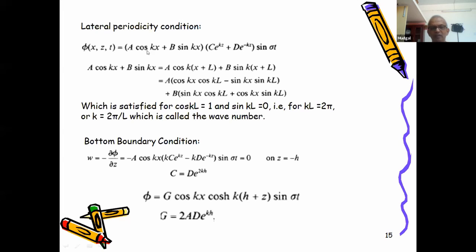So you have four constants, isn't it? How do you evaluate these four constants? You need boundary conditions.